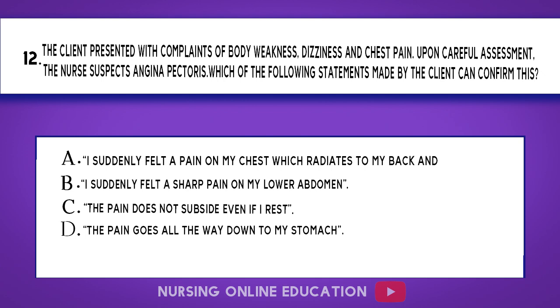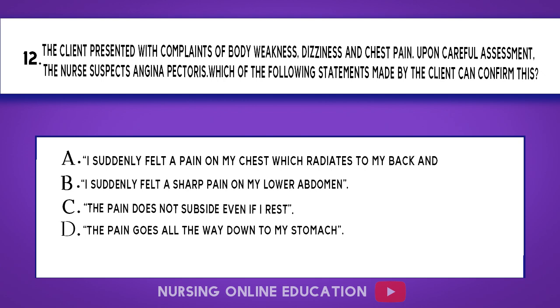12. The client presented with complaints of body weakness, dizziness, and chest pain. Upon careful assessment, the nurse suspects angina pectoris. Which of the following statements made by the client can confirm this? A. I suddenly felt a pain on my chest which radiates to my back and arms. B. I suddenly felt a sharp pain on my lower abdomen.